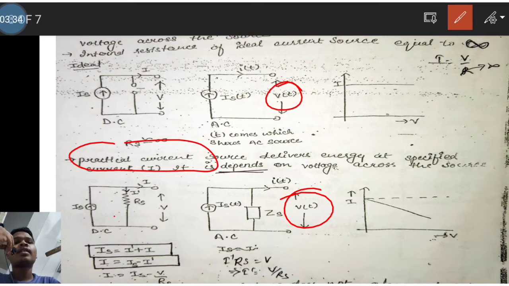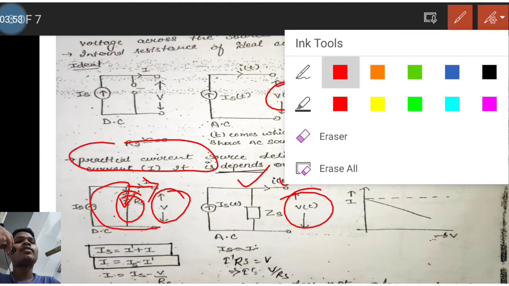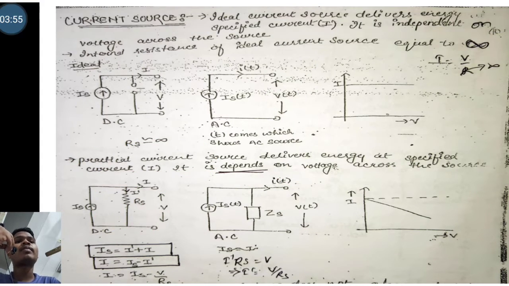This voltage and this voltage will be the same in the DC circuit. The current will flow like this and will be divided between this branch and this branch, so this voltage is equal to this voltage. It is also a non-linear characteristic. The VI characteristic is non-linear.